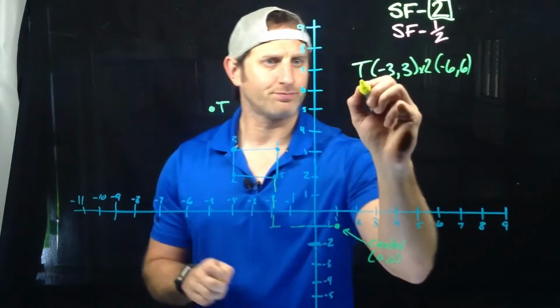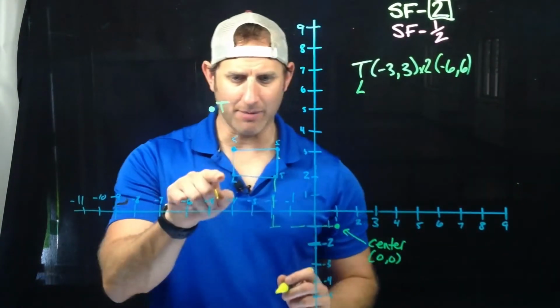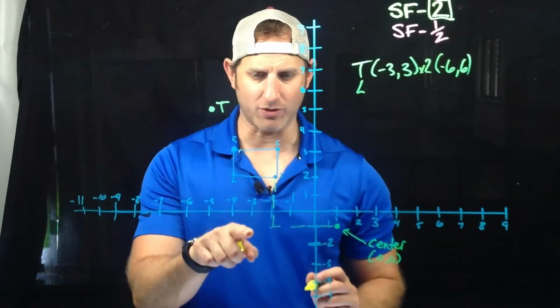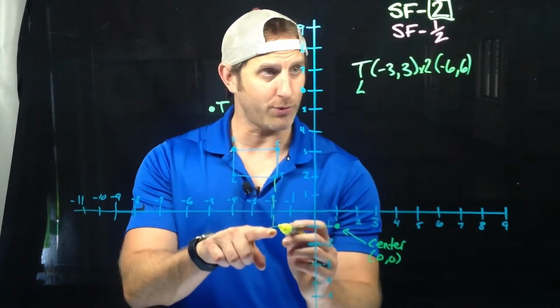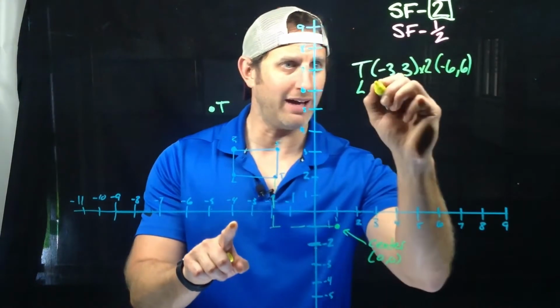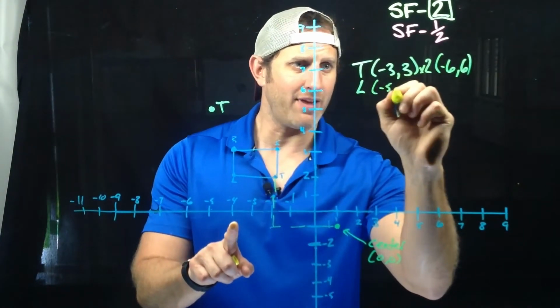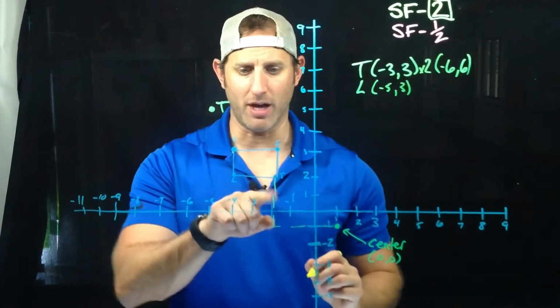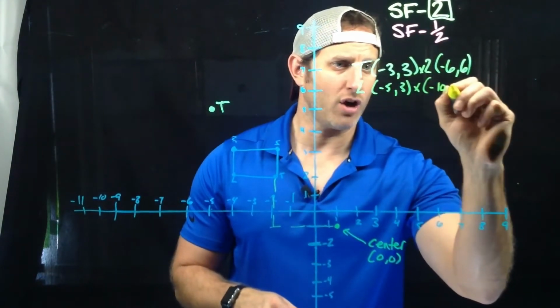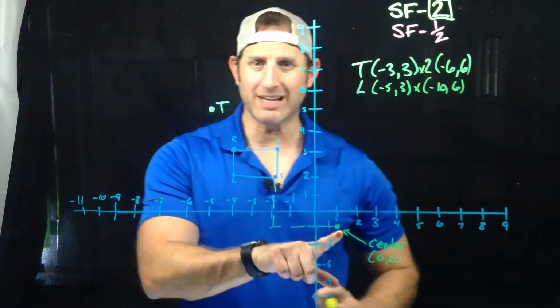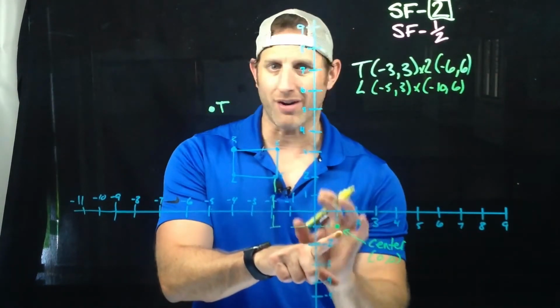Let's do L, because L is on the same line here, so I know the y value is the same as T. On the x-axis it's going to be slightly over, so this was 3, 4, 5, so L is -5, and I know it's 3 up, because it's on the same line as T. Multiply it by 2, and what I get is negative 10, comma 6. So let's go from our new center, our origin.